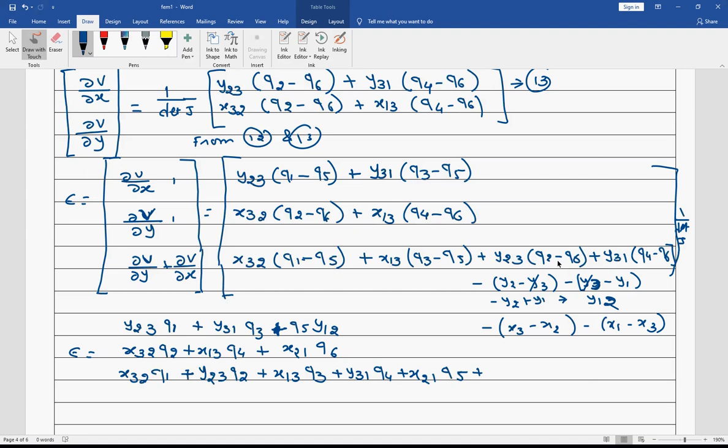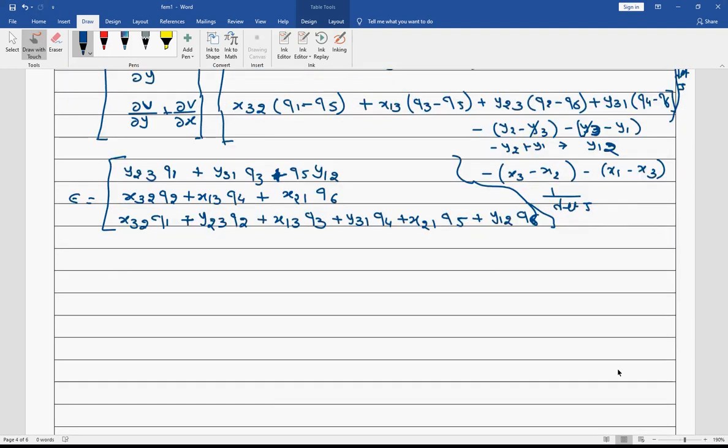So 3 get cancelled, 1 minus 2. So plus y12 q6. So this is what I got, q6. Okay, and into 1 over determinant of J.